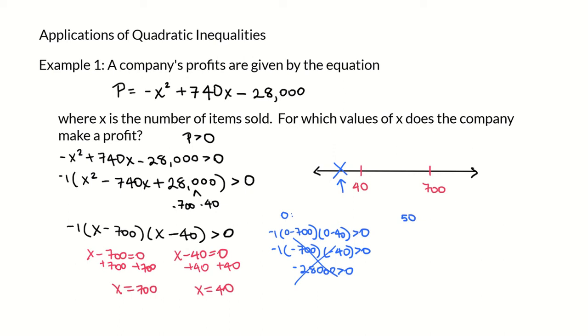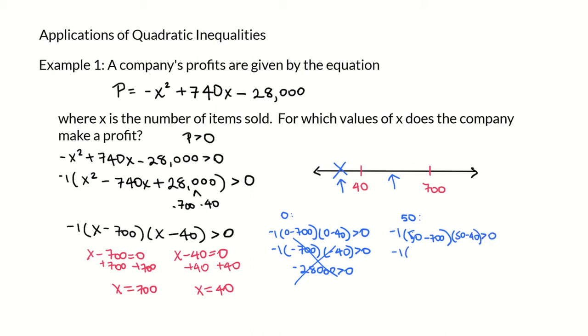So now we'll choose a number in between 40 and 700. So we could choose 50, 100, 200, any number in there. I choose 50. And then test that in the factored form equation. So negative 1 times 50 minus 700 times 50 minus 40 greater than 0.